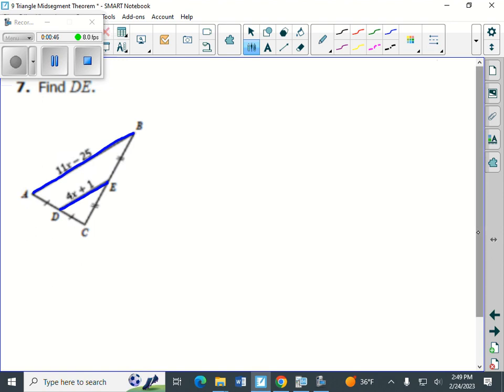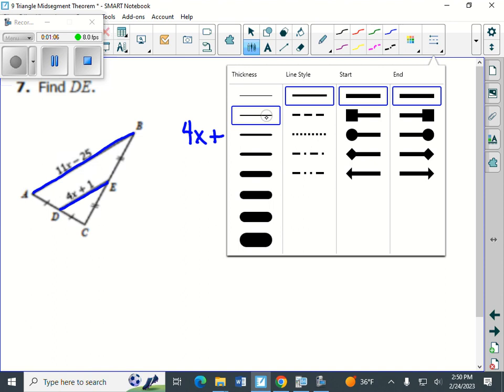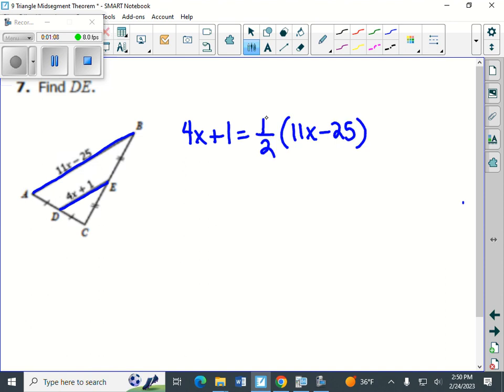So when we set this up here, what we have is that 4x plus 1 equals half of 11x minus 25. And if you've watched any of the previous videos, you know that it's probably easiest if we multiply both sides by 2.